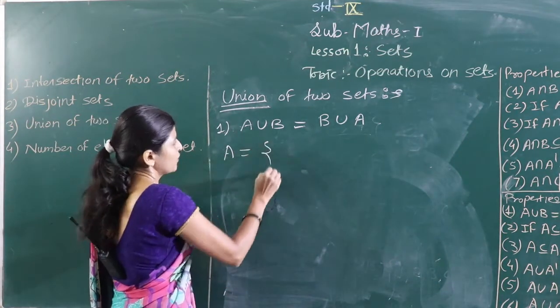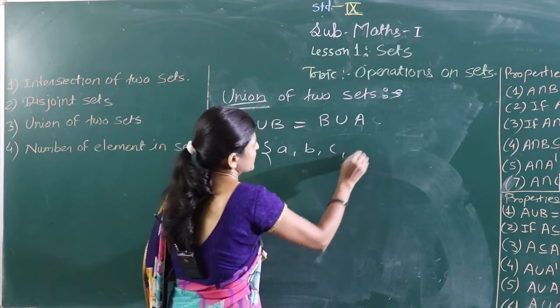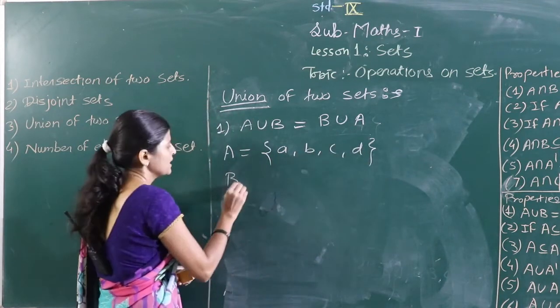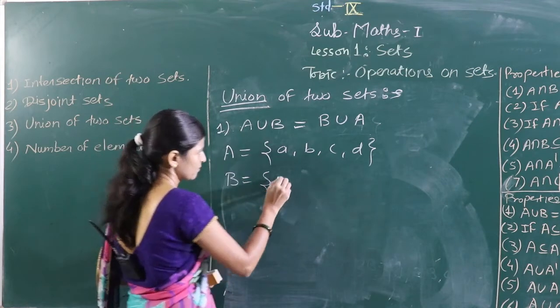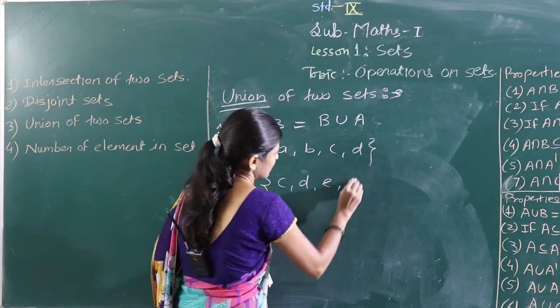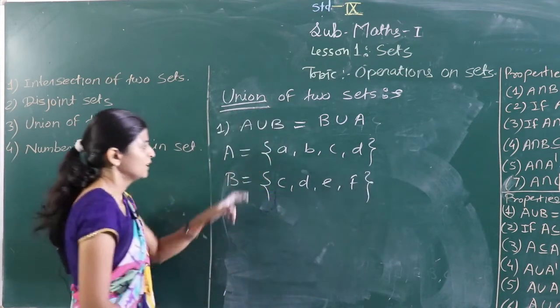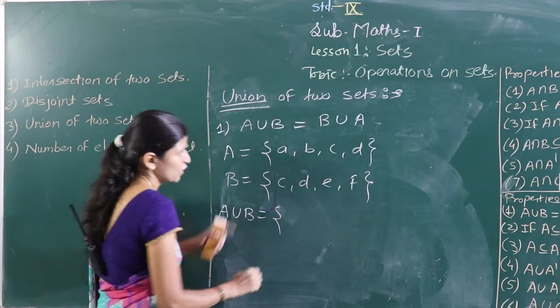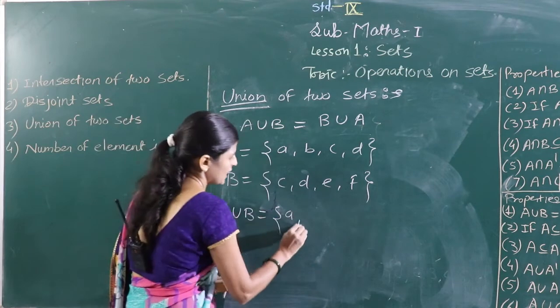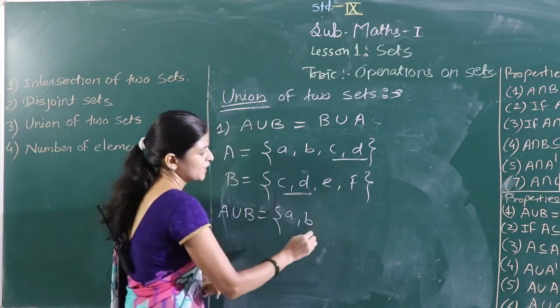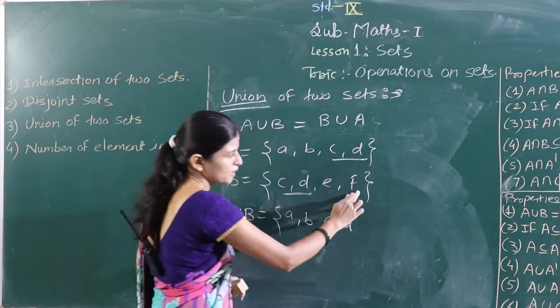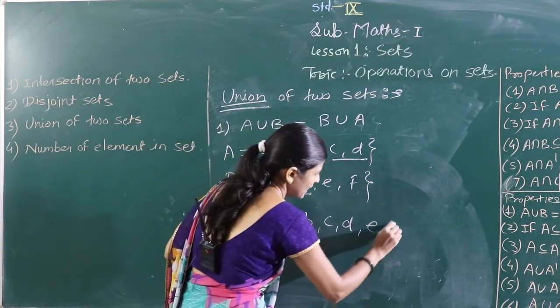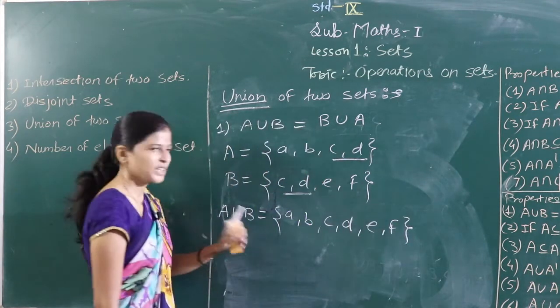Suppose A is a set of elements a, b, c, d and B is a set of elements c, d, e, f. Then what is A union B? A union B is nothing but combination of these two sets, that is a, b, c, d are common, that's why we write it once, c, d and remaining elements of set B, that is e and f. This is A union B.